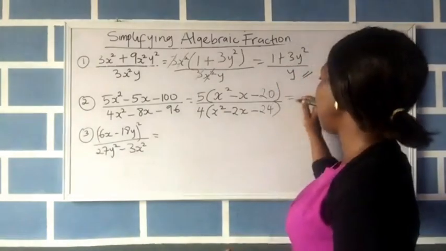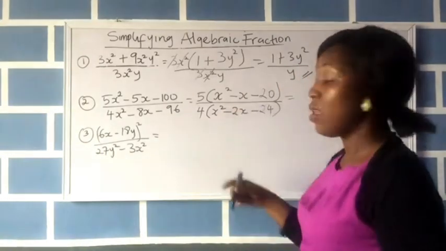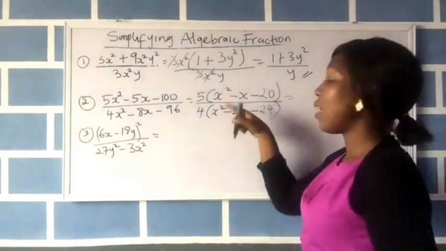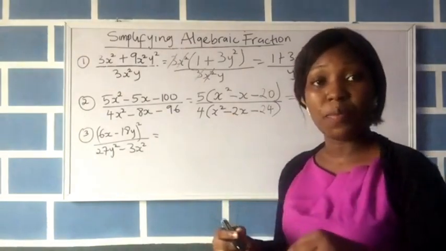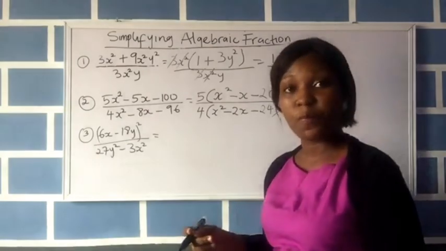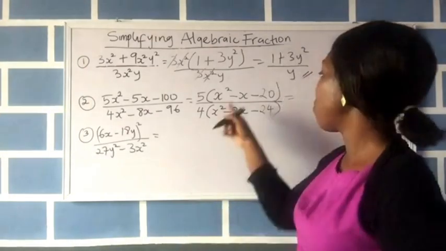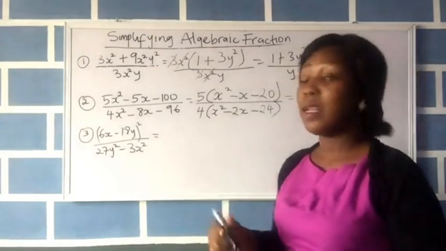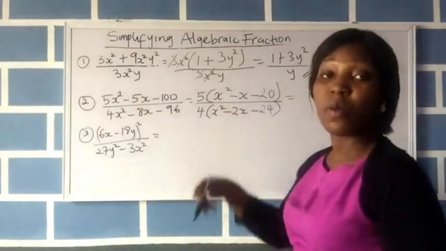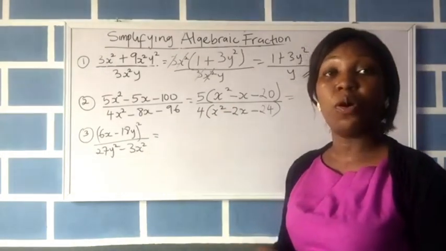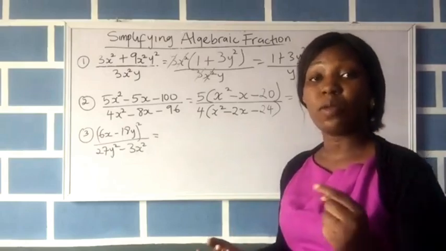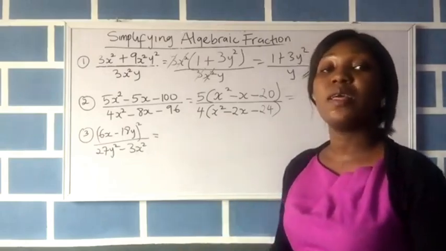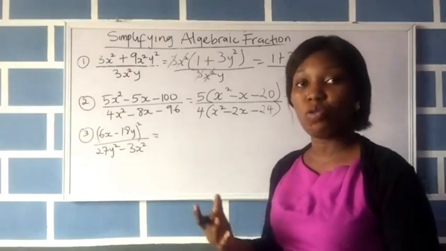To factorize this, I need to get two numbers that, when I multiply, give me minus 20, and when I add, give me minus 1x. The two values are minus 5 and plus 4, which add to give me minus 1, and minus 5 times plus 4 gives me minus 20.